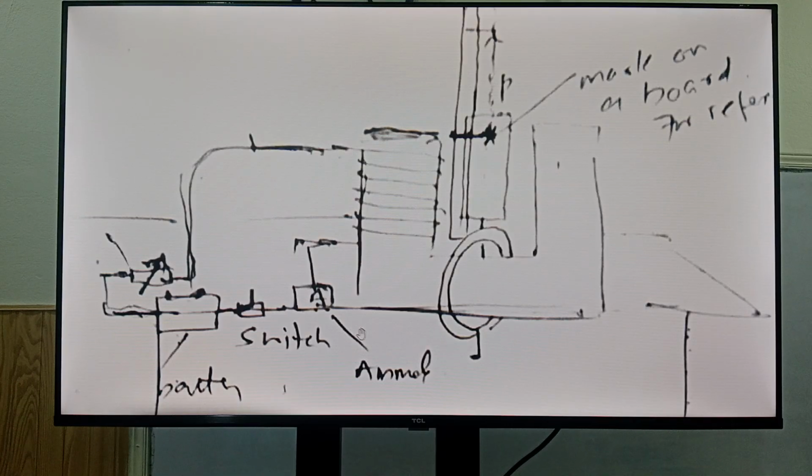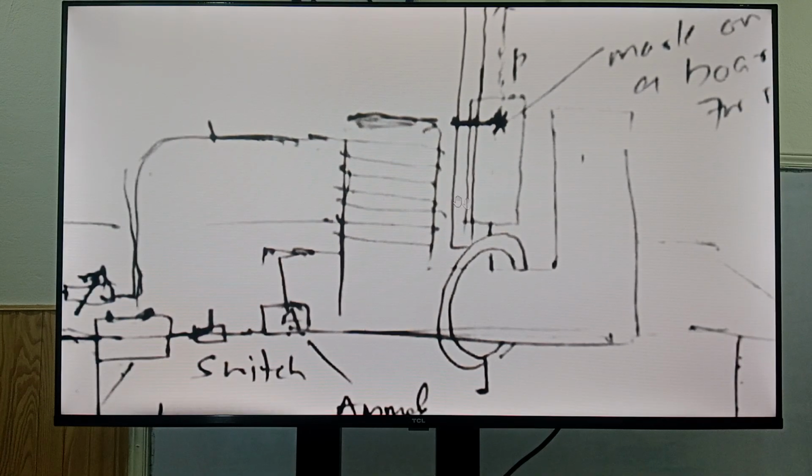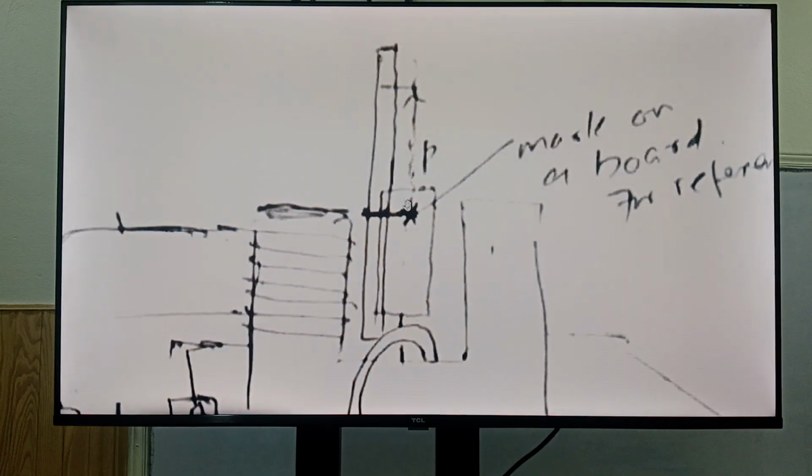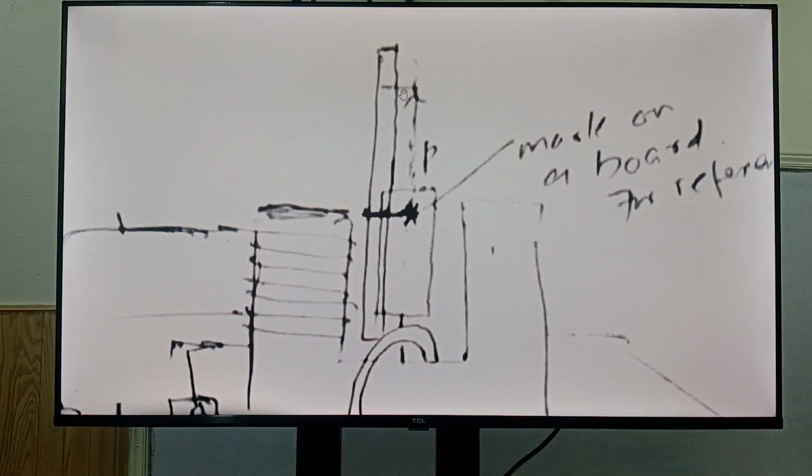In case there is any change in current, you can bring it back to the same value with the help of this variable resistor.